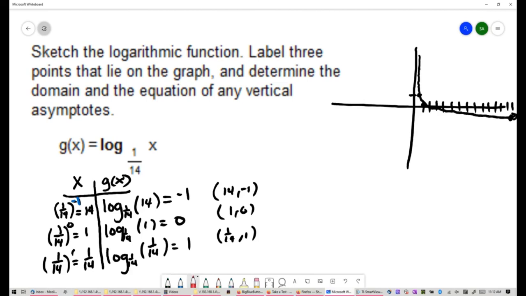We still have a vertical asymptote that is right on top of that y-axis, that's the line x equals 0. And the domain, once again on this one, is going to be positive values, 0 to infinity. We can only take the log of positive values.